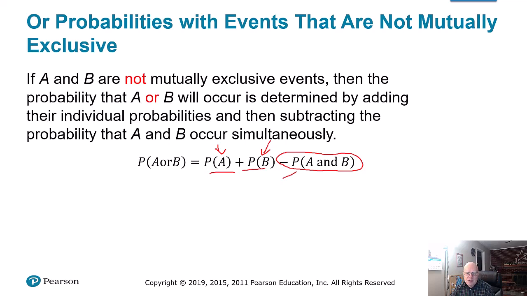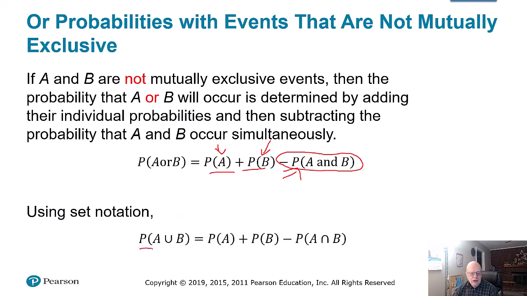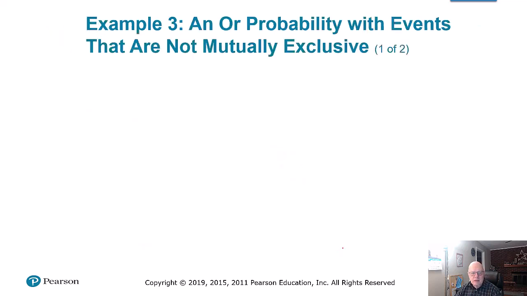So you have to subtract it out to get only one of those intersections or one of those simultaneous events. In set notation, here's your OR statement. There's the probability of the first event, the probability of the second event, and there's the probability that they both happen at the same time.